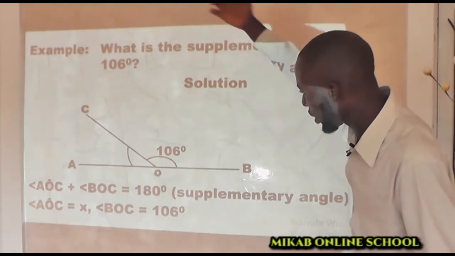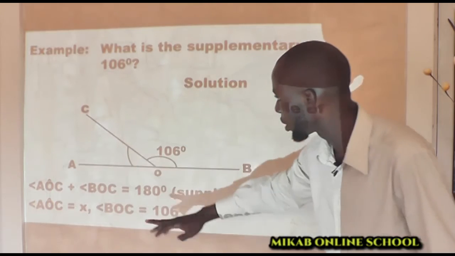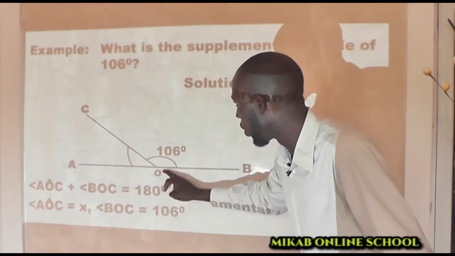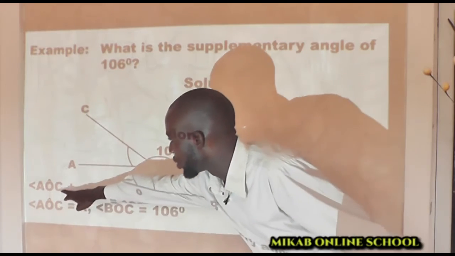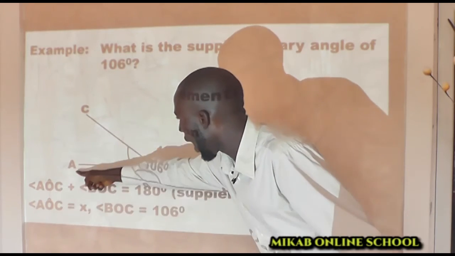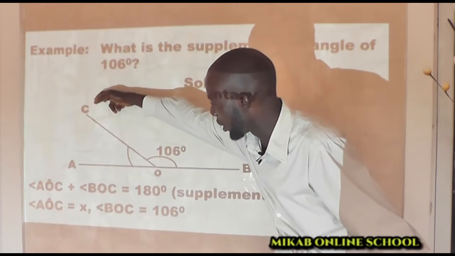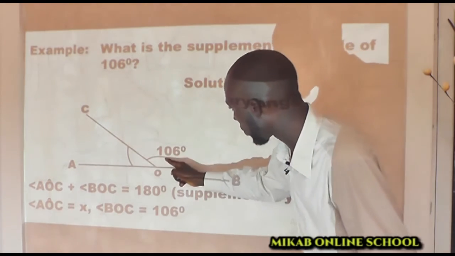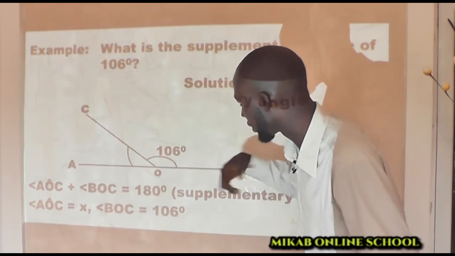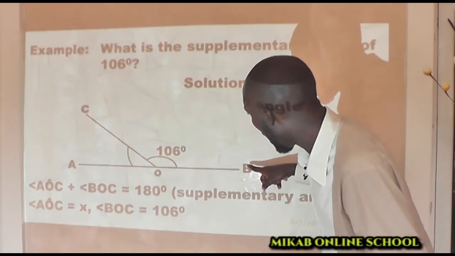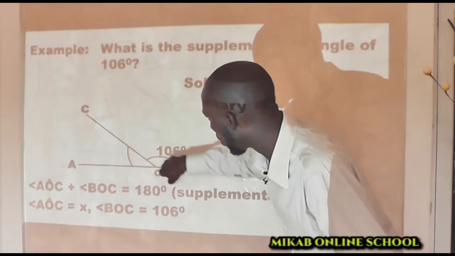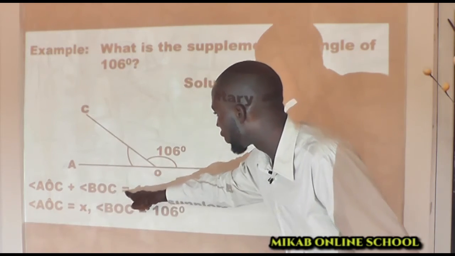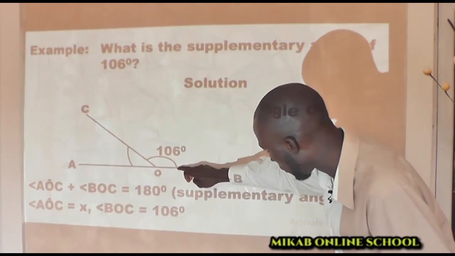If you are talking about the angle at this point, it's going to be angle AOC, which is this. And if you are talking about the angle at this point, which is 106 degrees, it will be angle BOC, which is this angle.